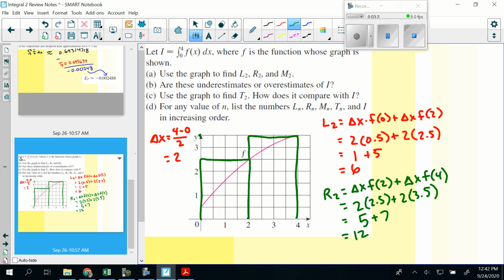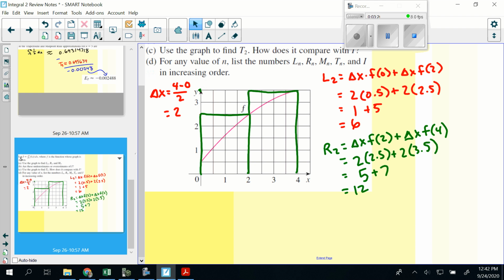Now the next one they want us to find, what would the midpoint approximation be? So for midpoints, we're using these two same rectangles, if we want the height to be the middle of this, so we'd use the height there, which would be this rectangle, so that's the height because that's the middle of 2.